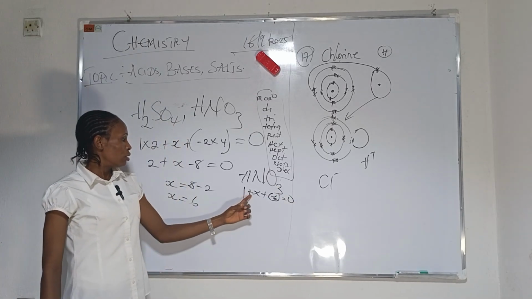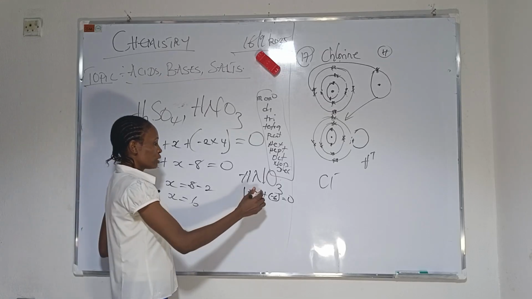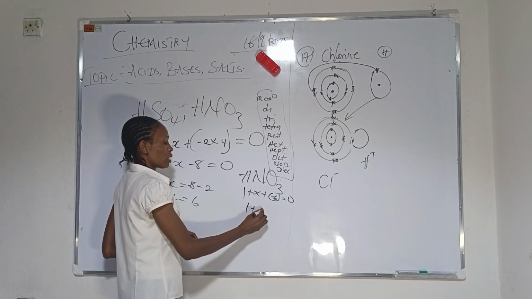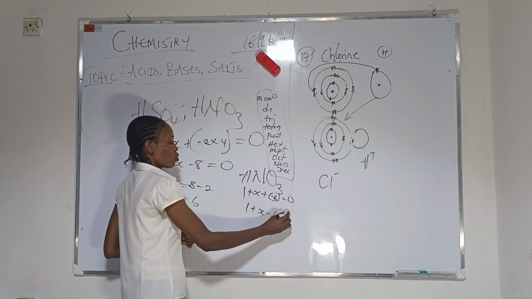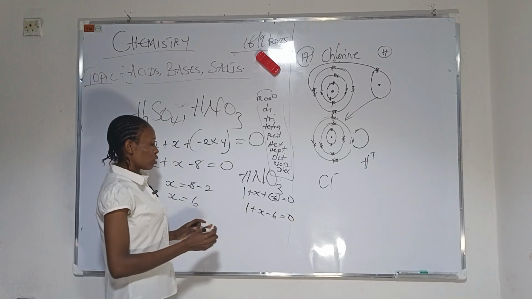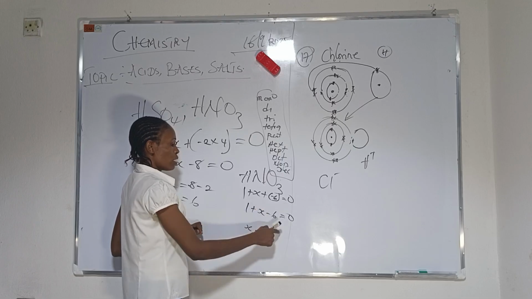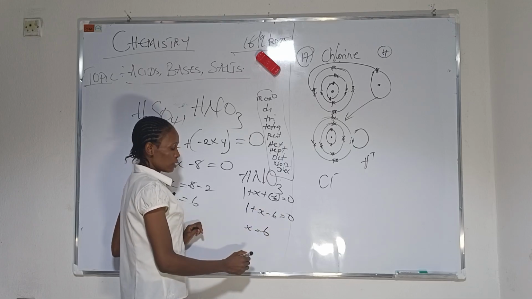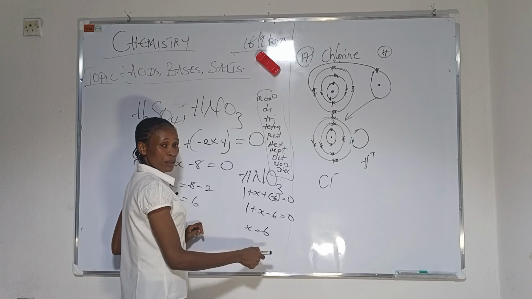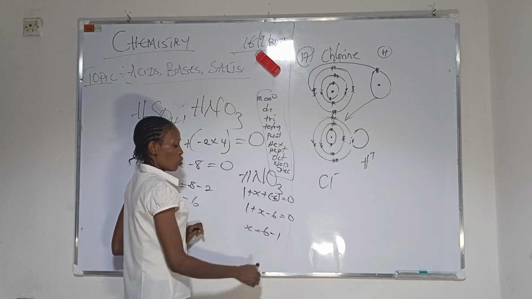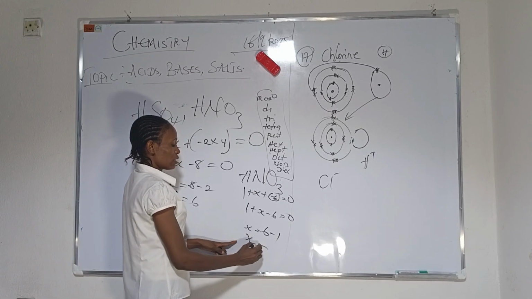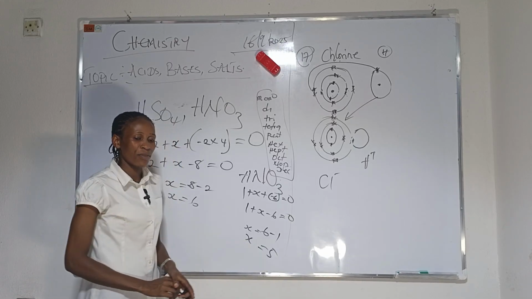Still equate it to what? 0. At this point, I want to open the brackets with 1 plus x minus 6 equals to what? 0. Collecting like terms, I am having my x is equals to minus 6 crossing over to the what? Positive 6. Then positive 1 crossing over minus what? 1. I am now having it as x is equals to what? 5.